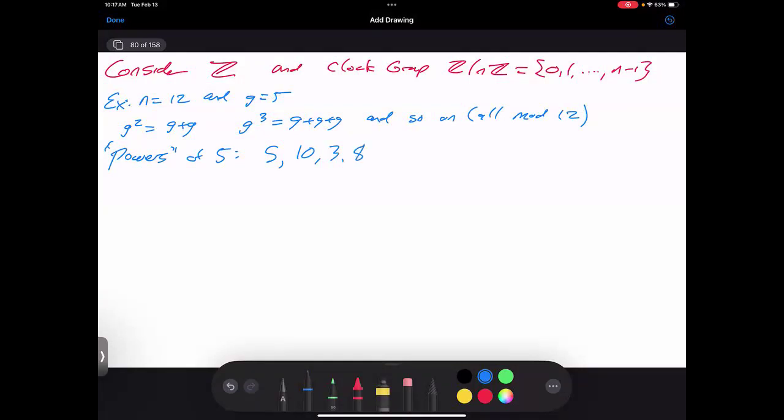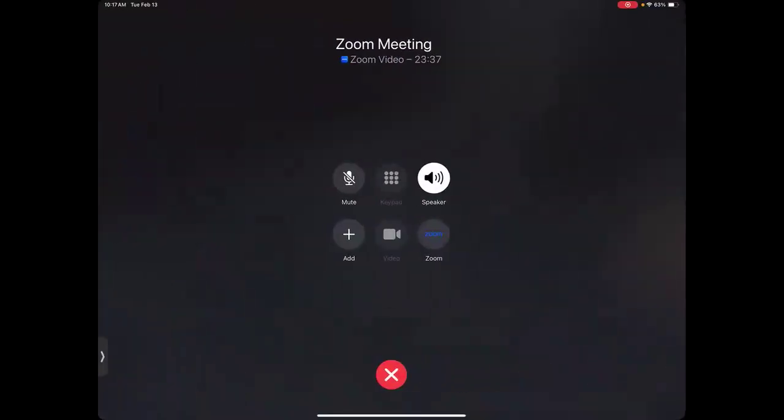8. What comes next? Nope. What? 1, right? 8 plus 5 is 13, and on the clock, 13 is 1. 6, 11. 11 plus 5 is 14, which is 2. 7, right? Did I make a mistake? 11 plus 5 is 14.